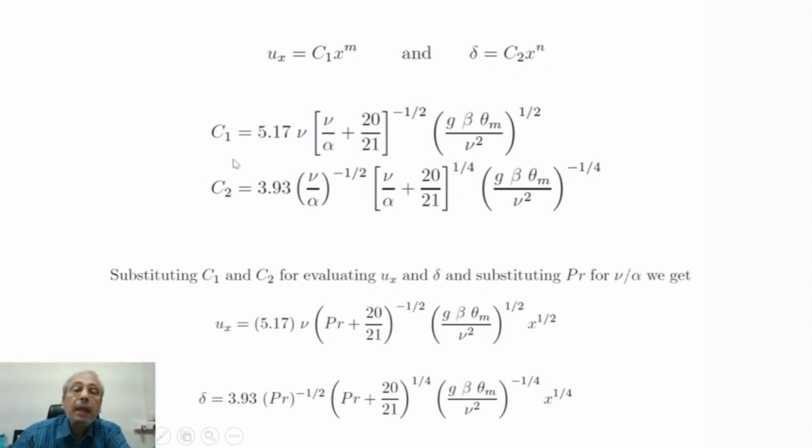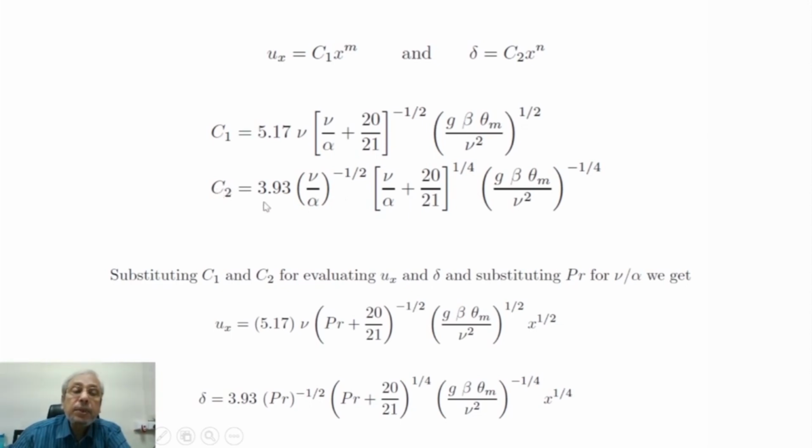From our fundamental understanding we derived C1, which was found as 5.17 nu within bracket nu by alpha plus 20 by 21 entire quantity to the power minus half, g beta theta m, where theta m is the maximum temperature difference, TW wall temperature minus T infinity, divided by nu square to the power half.